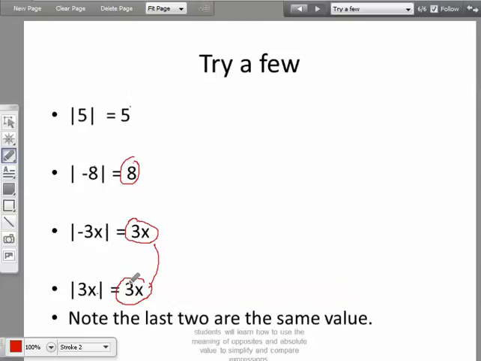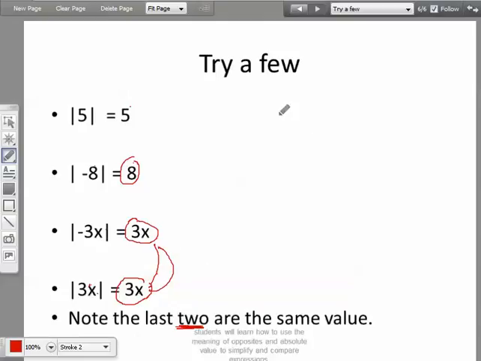When you're looking at absolute value, there are two answers a lot of times. Two answers. Okay? So if you're trying to solve absolute value problems, remember there could be two values that fit inside of the absolute value that give you the same result.